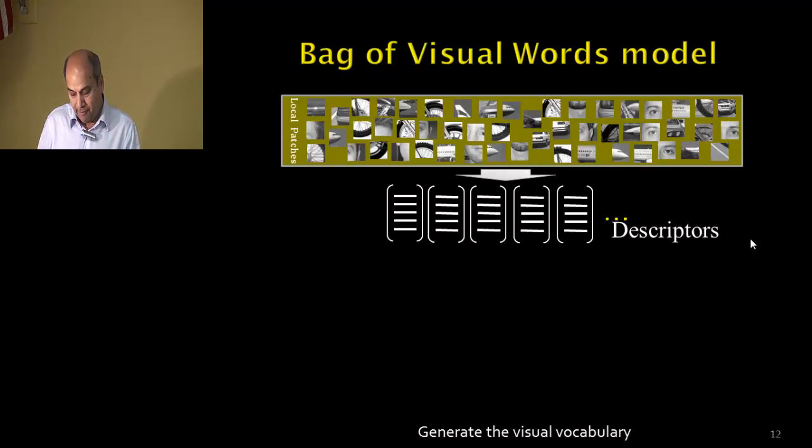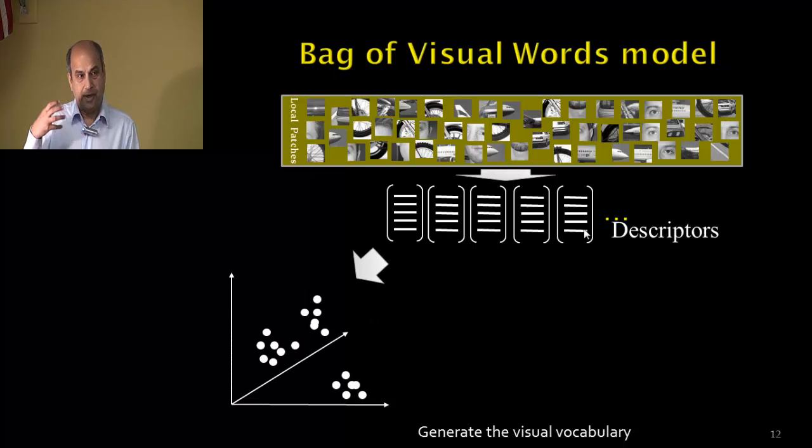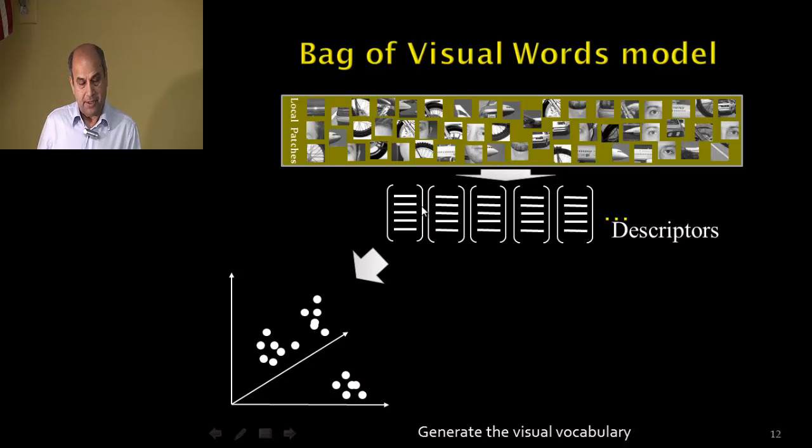So these will become vectors, the descriptor for each of these. Now we have a lot of these vectors, and we are going to do clustering of those. Typically SIFT will be, say, a 128-dimensional feature vector, and HOG will be about 3000-dimensional and so on.